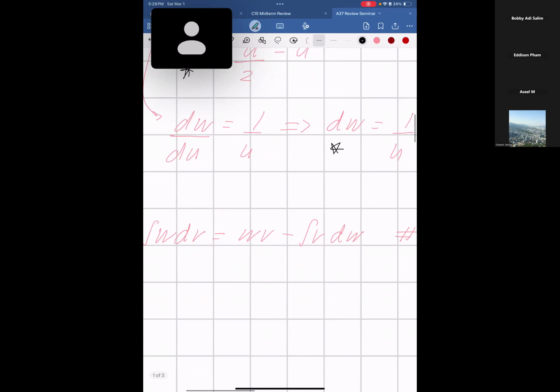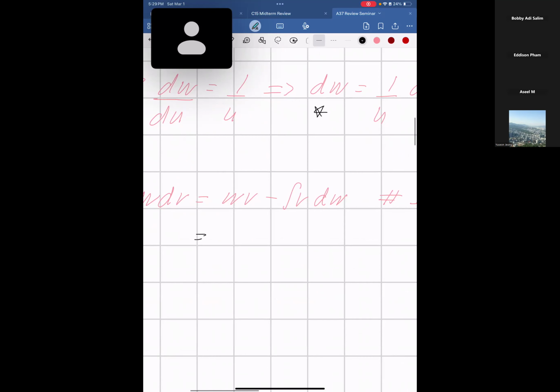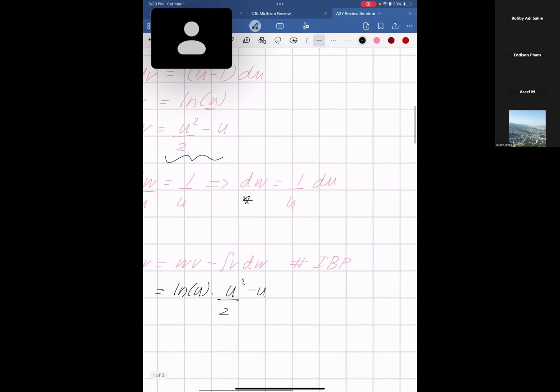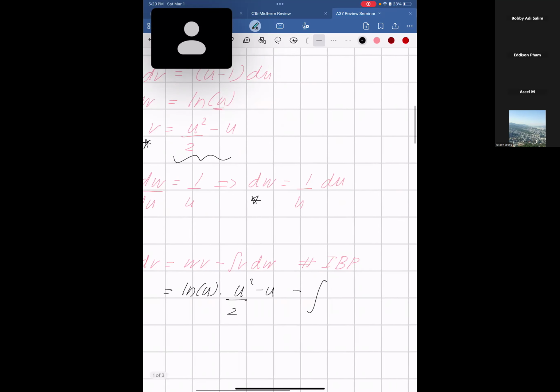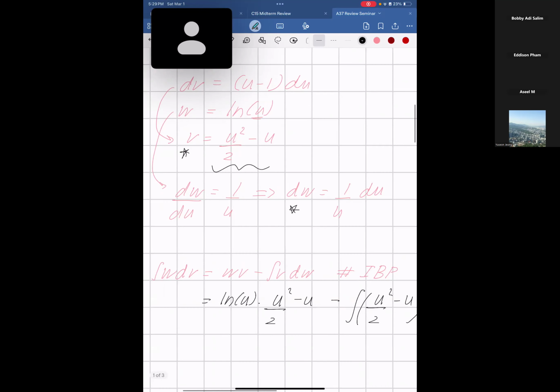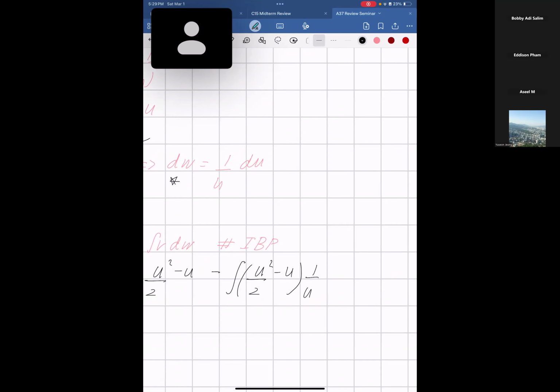So we're going to use this dw and this v. wv is ln of u times u squared over 2 minus u, and then you have minus the integral of v dw, which is u squared over 2 minus u times 1 over u du.